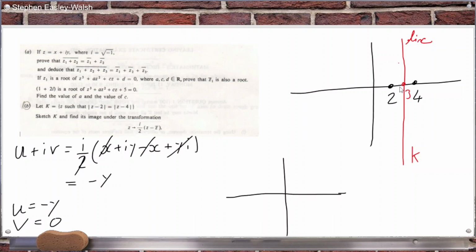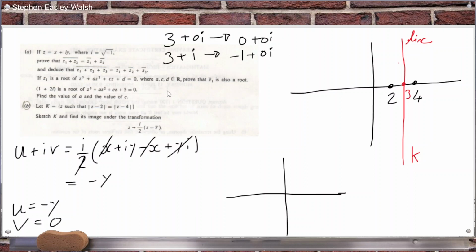So if I took, for example, the point 3, like for example 3 plus 0i, you would get 0 plus 0i. What about if I took 3 plus i? So the u is minus, so that's minus 1 plus 0i.